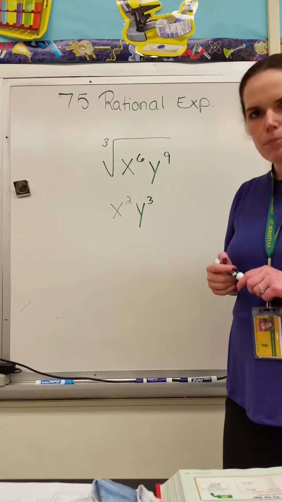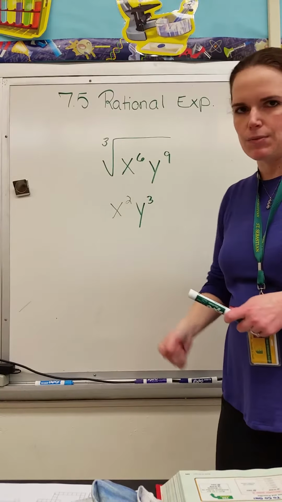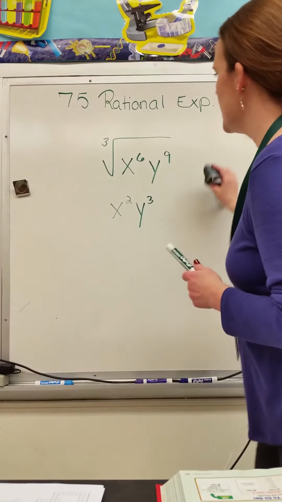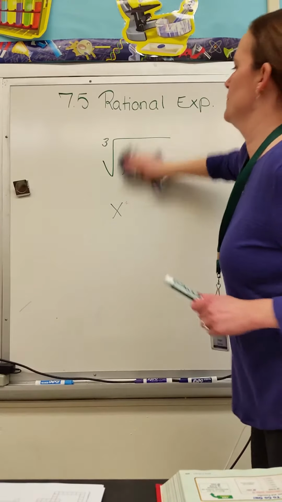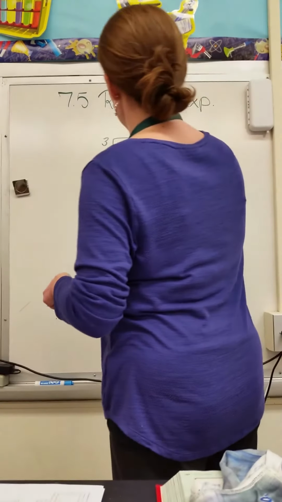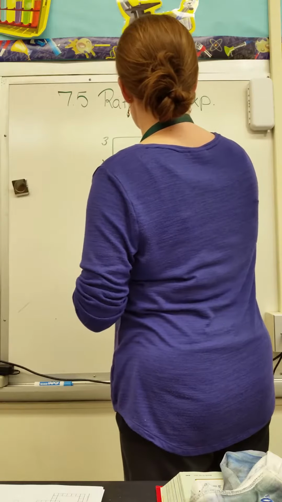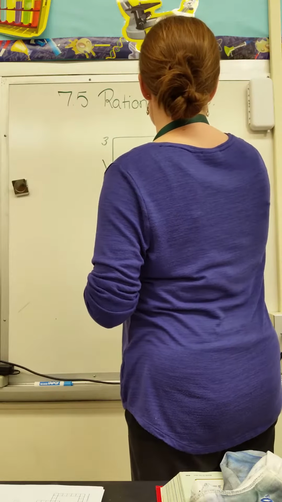If you end up with something that doesn't evenly divide by 3, say you have a to the 4, b to the 6, c to the 12.